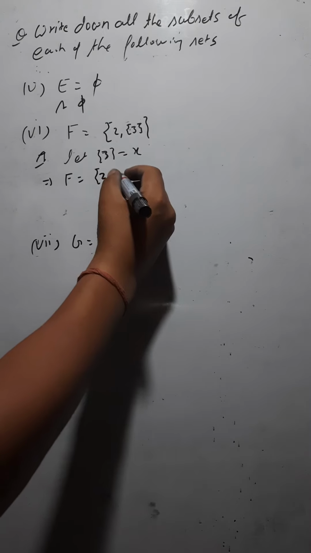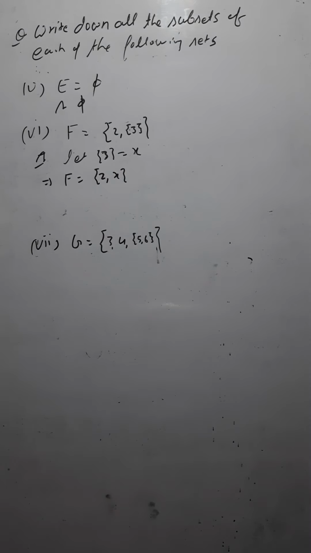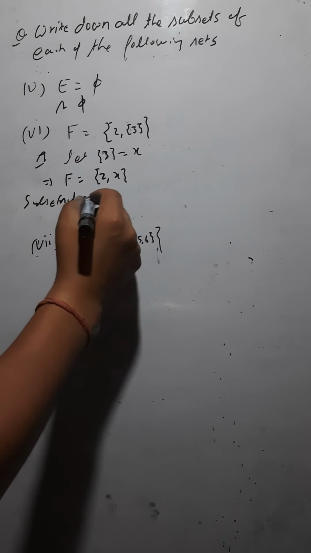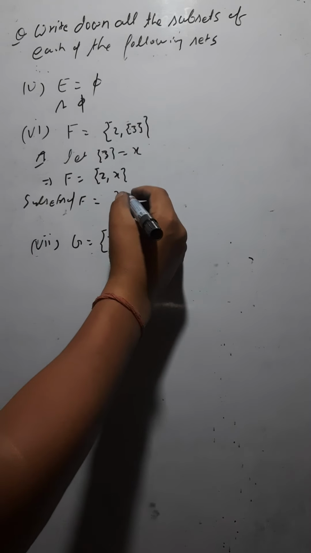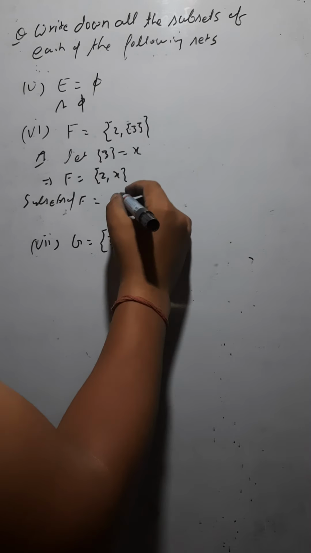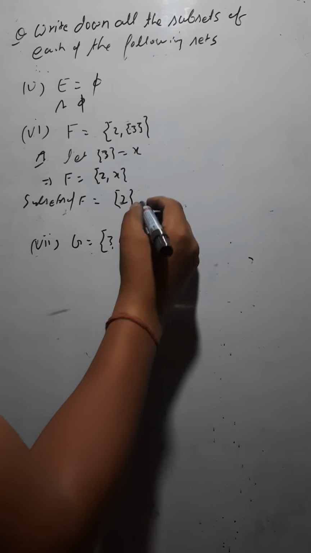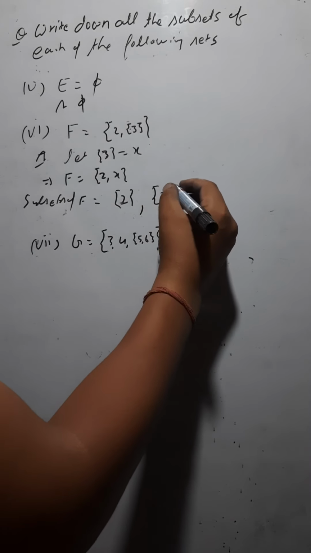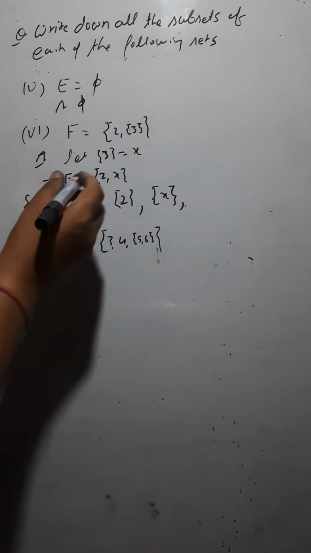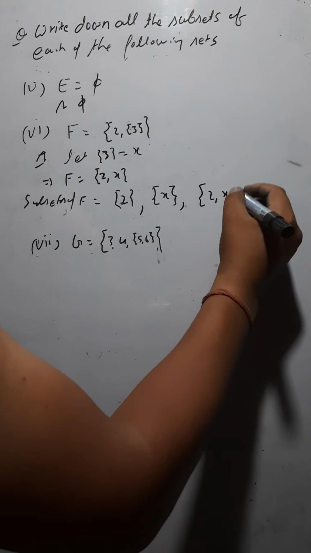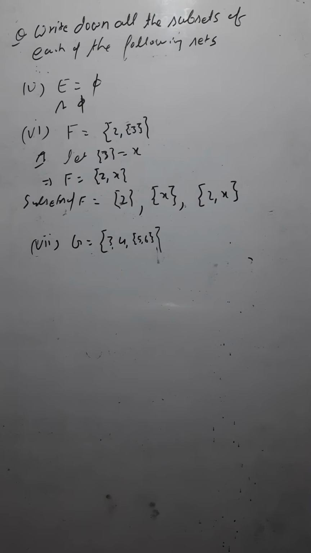One is 2, another one is X. Now if you have to find out the subsets of F, what are they? First one is 2. Second one would be X, isn't it? Third one, both together also you write, 2, X, isn't it? Now put the value of X. You would be getting your final answer.